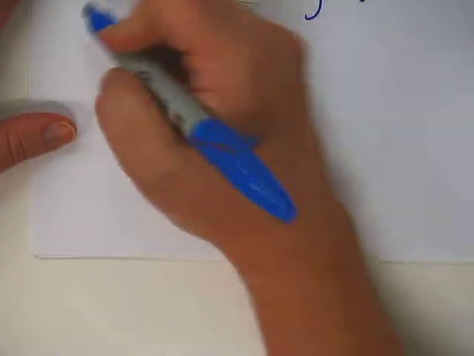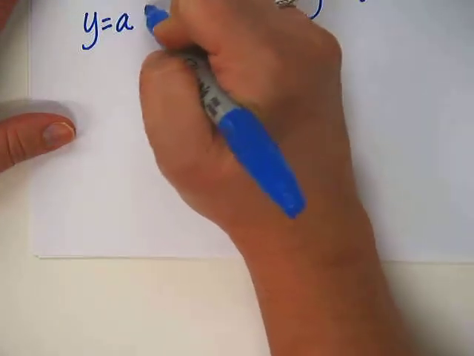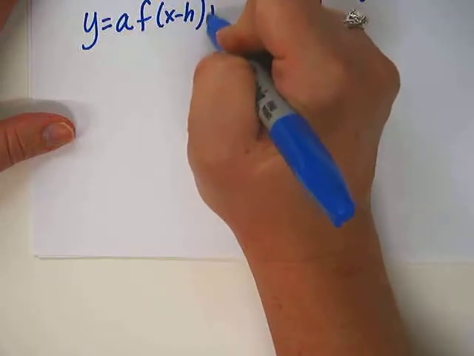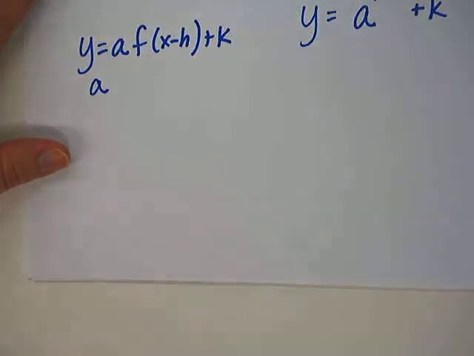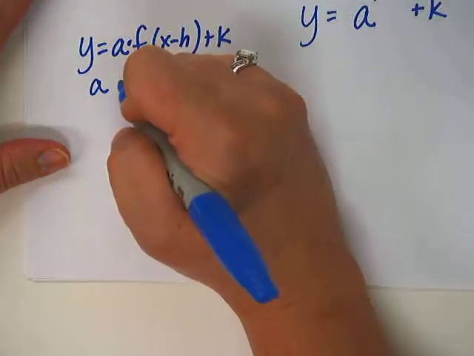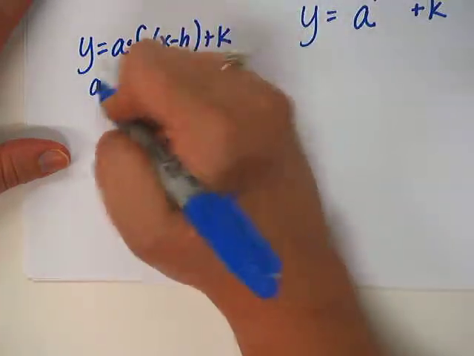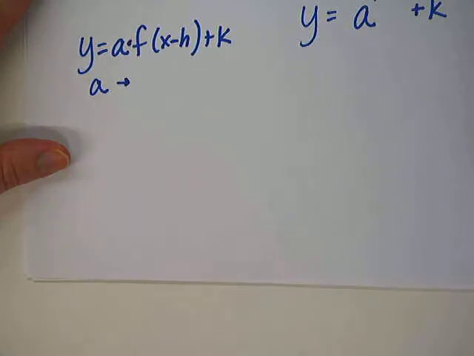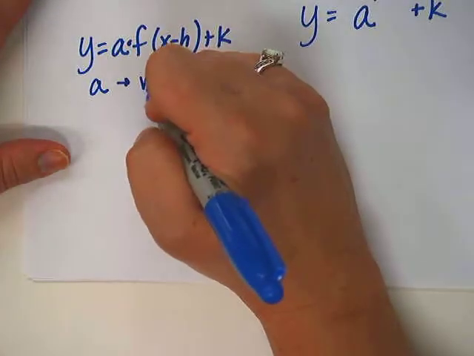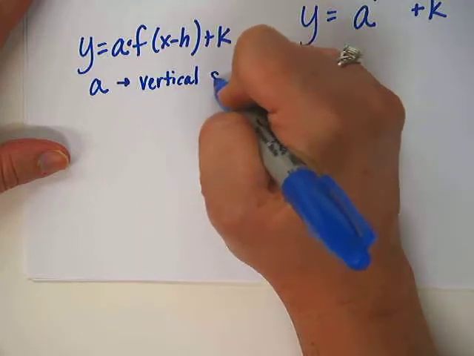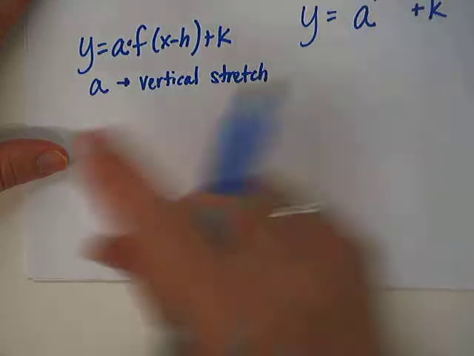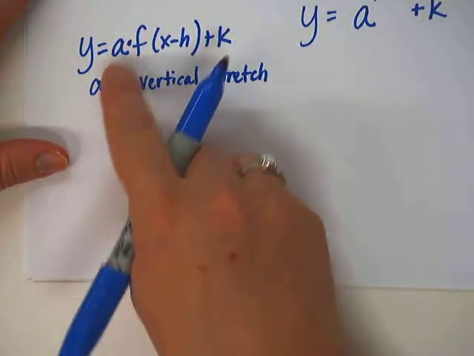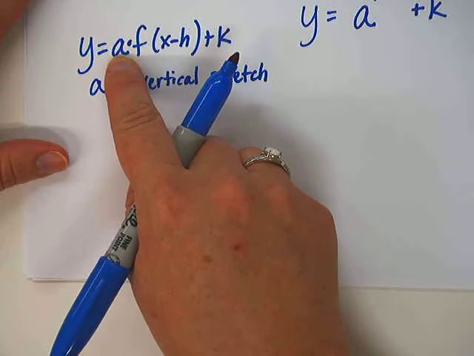Okay, let's talk about what each thing does. So, now I can't see what I wrote a few minutes ago, so let's just write it down again. What does the a value do? A is like the slope, right? Instead of calling it slope in general for these other shapes, we call it the vertical stretch. Because what it actually does is take all of the points and where they normally are and multiply them by that number.